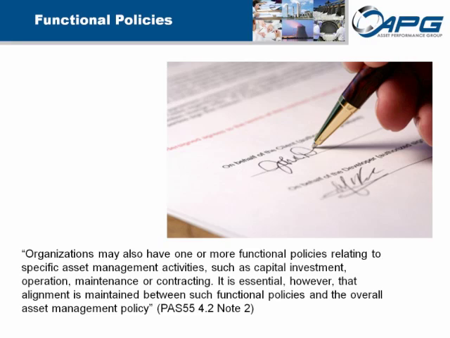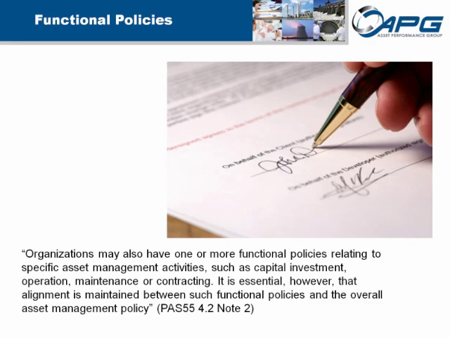And finally, the last note, which I think I went over a little bit, is that organizations may have one or more functional policies relating to specific asset management activities. So if you have an aggressive capital investment strategy, if you're going to outsource maintenance and operations of your assets, if you're going to aggressively acquire other organizations or other businesses, those can be different policies to support this asset management policy.